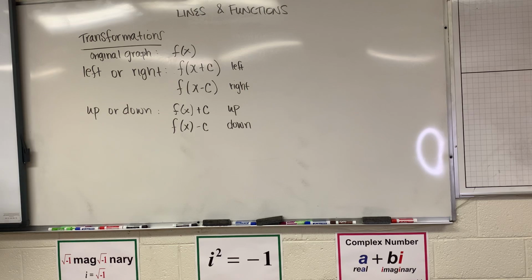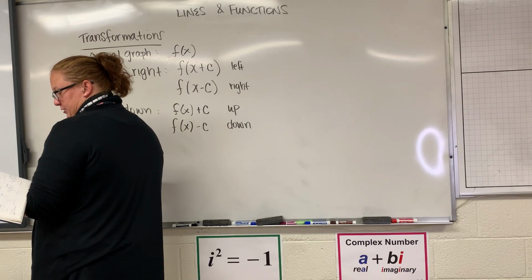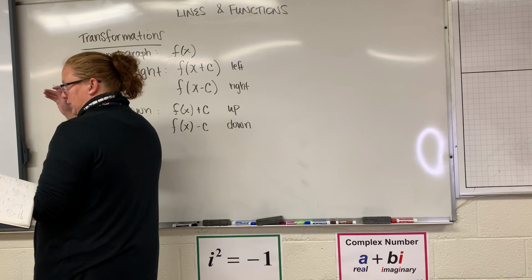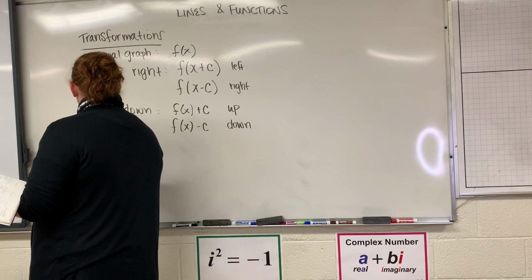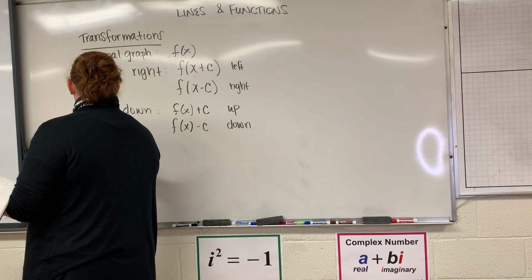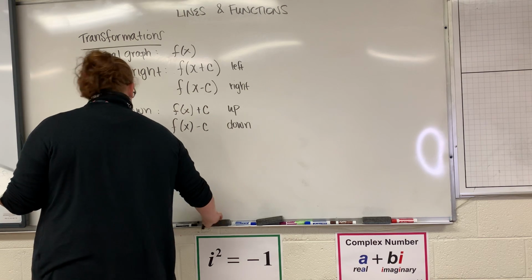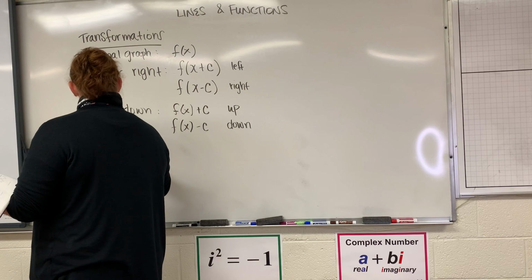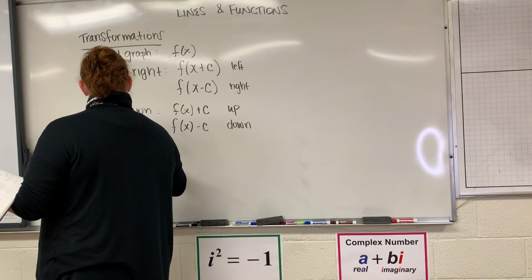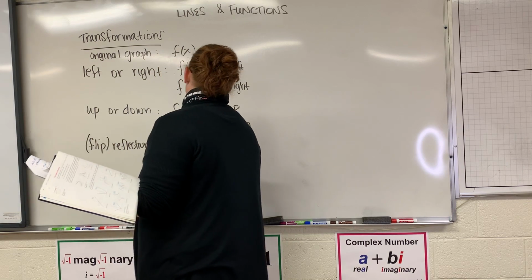Alright, and the last thing, like in my transformation, was the flip. So if you guys remember A, if A was negative, it flipped. So that's the same thing here. So the flip, okay, but we're going to start calling it, because I have to remember you guys are smarter than my regular class, reflection across the x-axis.